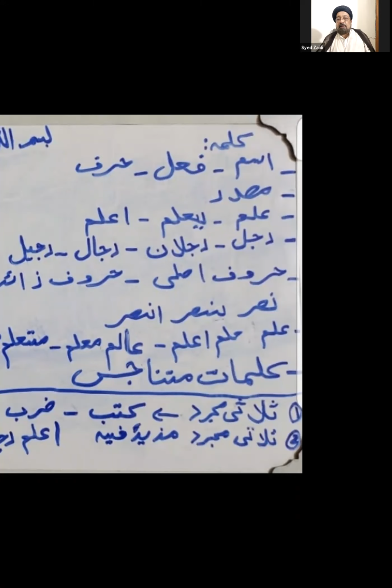Rajul is singular, rajulan is two men, rijal is three men or more, and rujail means a small or tiny man. As you can see, the root word of these words is rajul, and the root word in Arabic is called masdar.